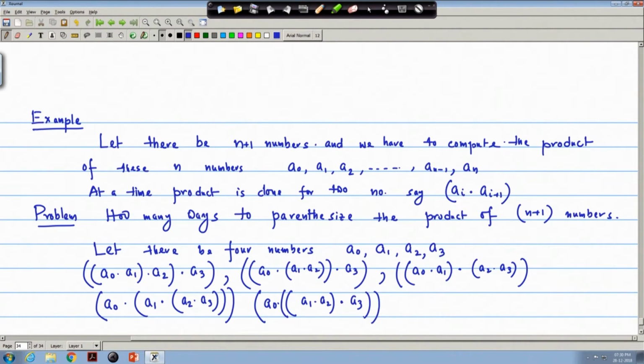So, these are the 5 ways we can parenthesize to compute the product.